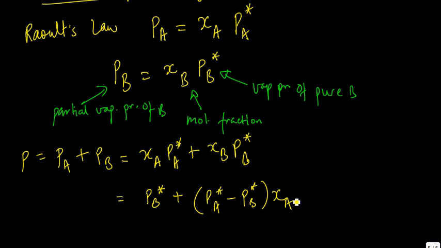Which means that if I plot the total pressure as a function of the mole fraction, then when I have pure B, it would be the pressure of pure B. When I have pure A, it would be the pressure of pure A, right?